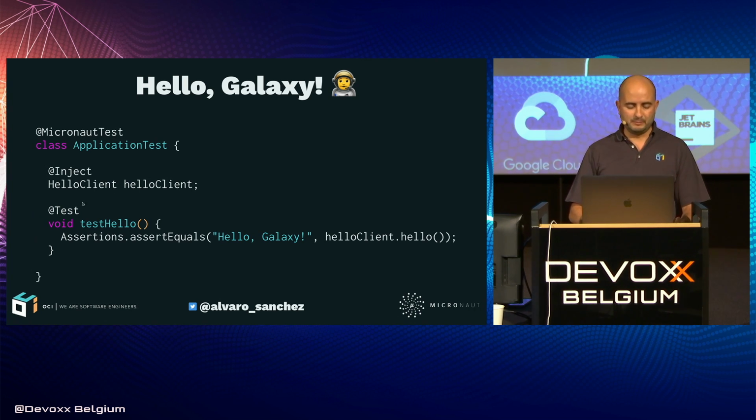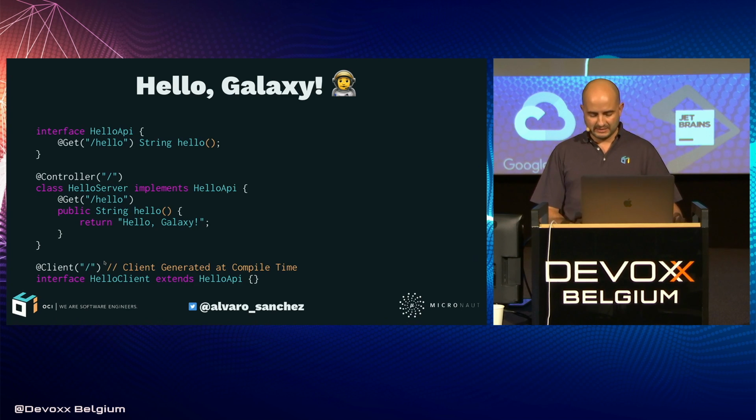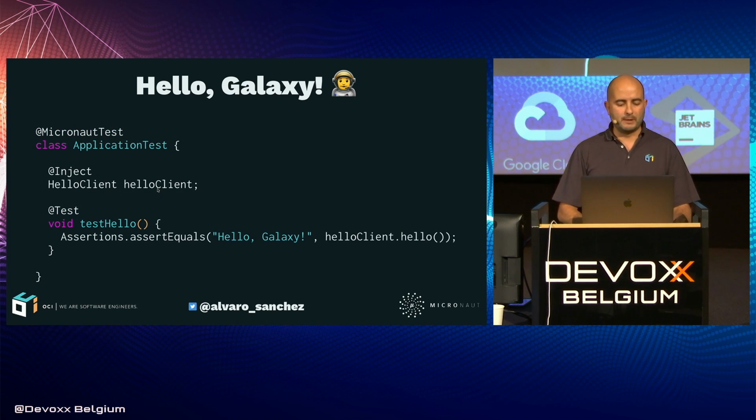So what I'm doing here, for instance, is retrieving the client that I defined in the previous slide. I'm retrieving it from the application context using the @Inject annotation. The Micronaut test annotation is a JUnit 5 or Spock extension to do that.